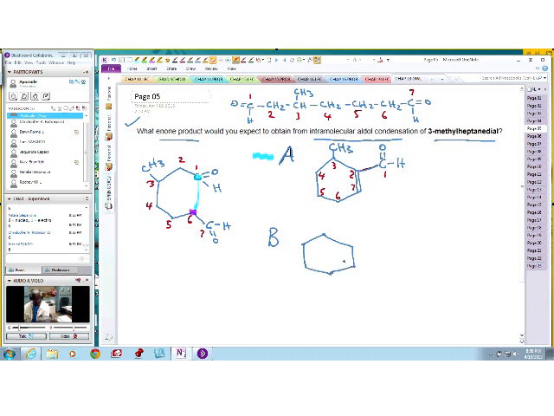Since you say this is carbon 1 and this is carbon 6, on carbon 6 you must have the aldehyde.